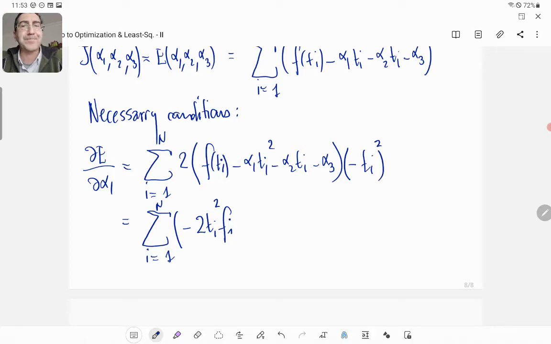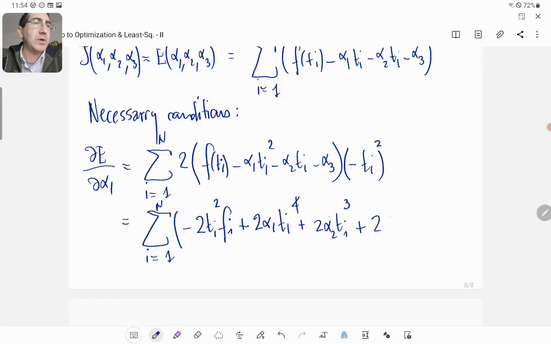Plus 2 alpha 1 ti to the power 4 plus 2 alpha 2 ti to the power 3 plus 2 alpha 3 ti to the power 2.